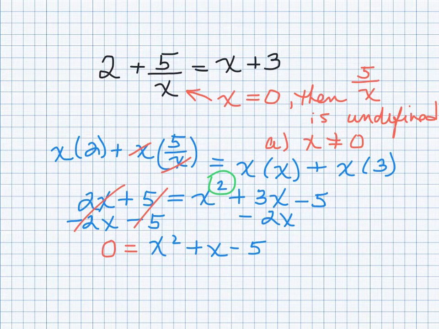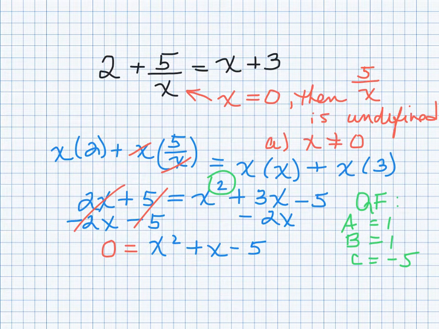And you can solve that if you want to by quadratic formula. If you're going to use the quadratic formula, then the value of A is going to be 1, the value of B is going to be 1, and the value of C is going to be -5.